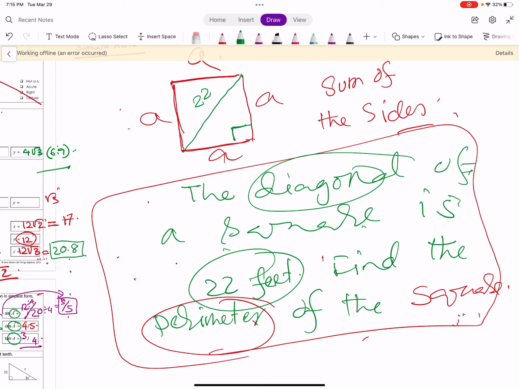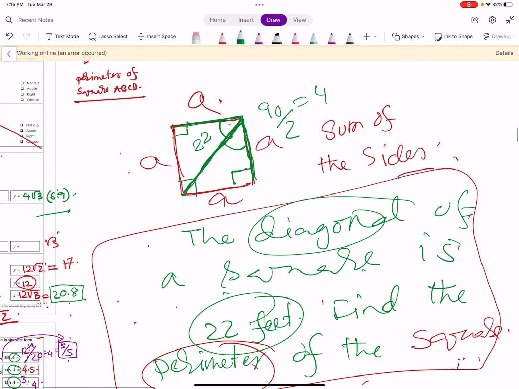You have a nice 90 degree here. Since all these sides are congruent, the diagonal bisects, which is not true for a rhombus, but in a square this guy and this guy are congruent. And that 90 is divided by 2, so it must be 45 degrees.